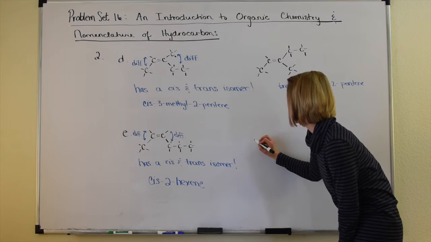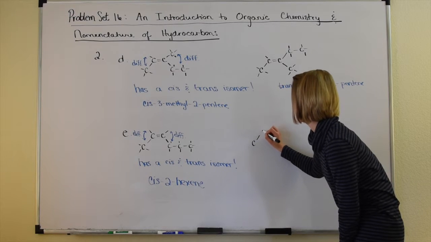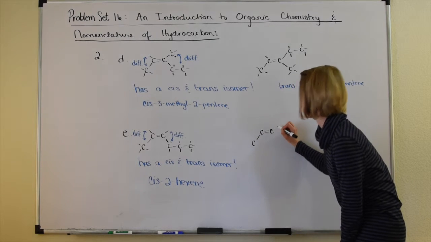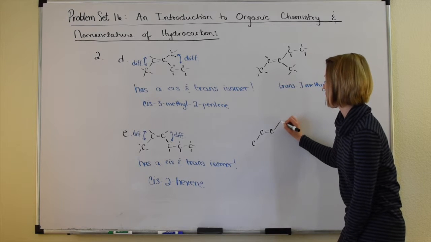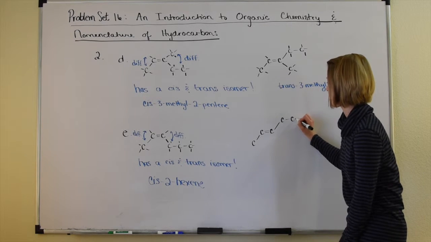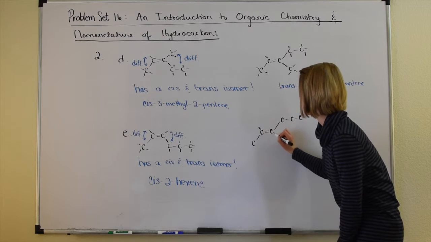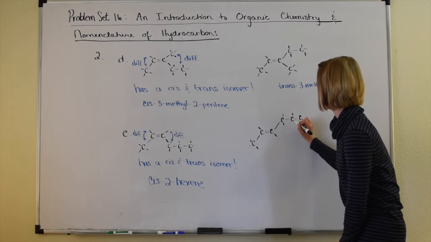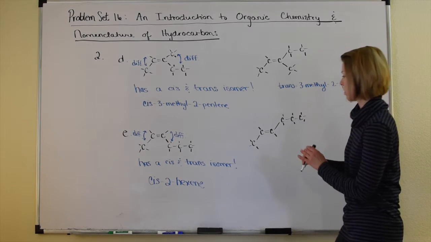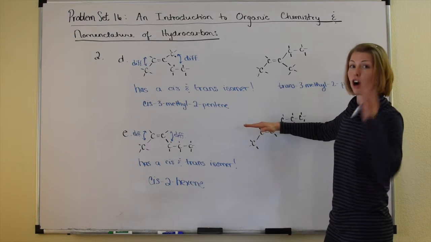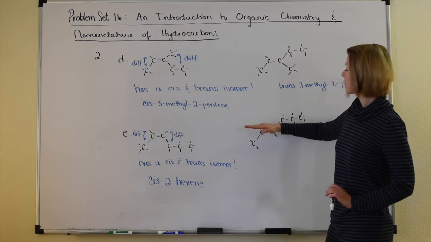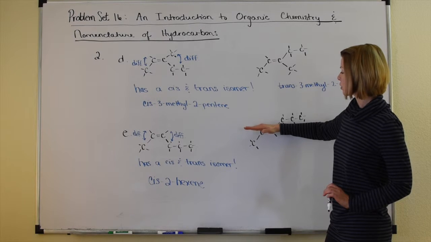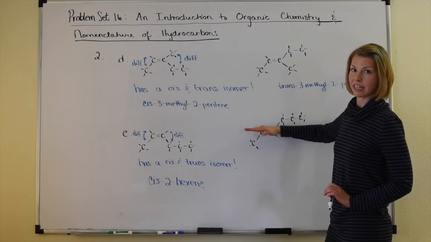So I'm going to keep everything the same until I get to the other side of the double bond, and then I'm going to go up with the rest of my chain instead of down. So that when you're looking through the carbon-carbon double bond, you can now see that the largest groups are on the opposite sides.